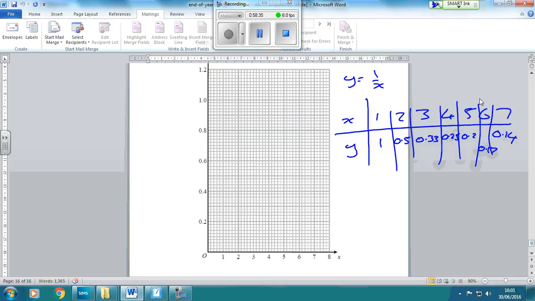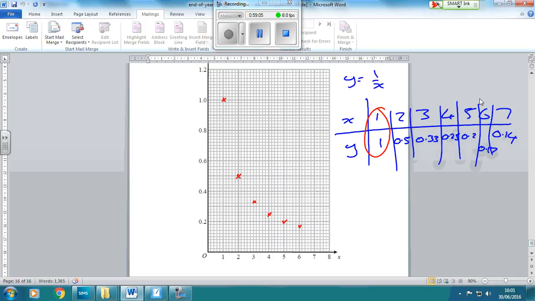So then what we need to do is plot them. So let's go for this one first of all. 1 across, 1 up. So that's there. 2 across, 0.5 up. 3 across, 0.33, which is right there. 4 across, 0.25, which is there. 5 across, 0.2. 6, 0.17.